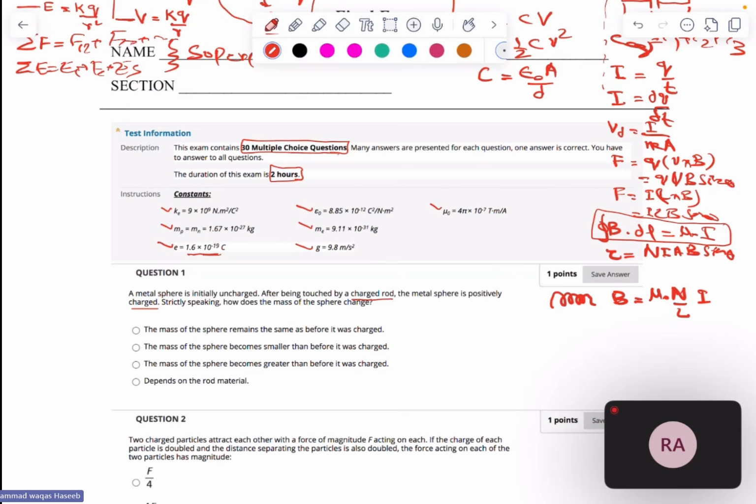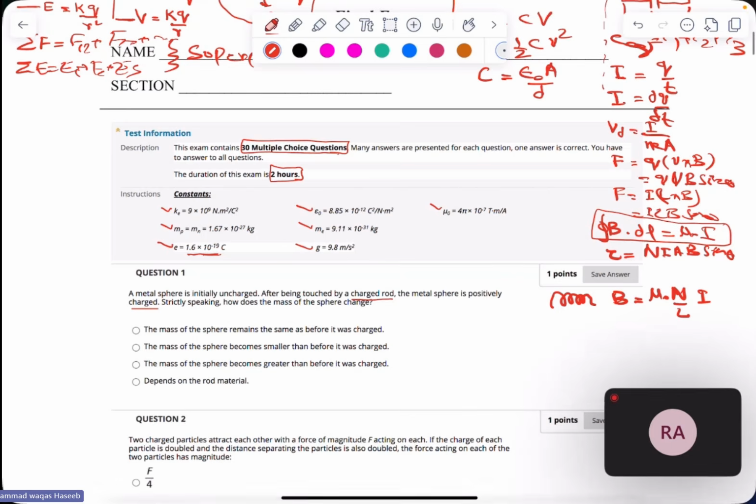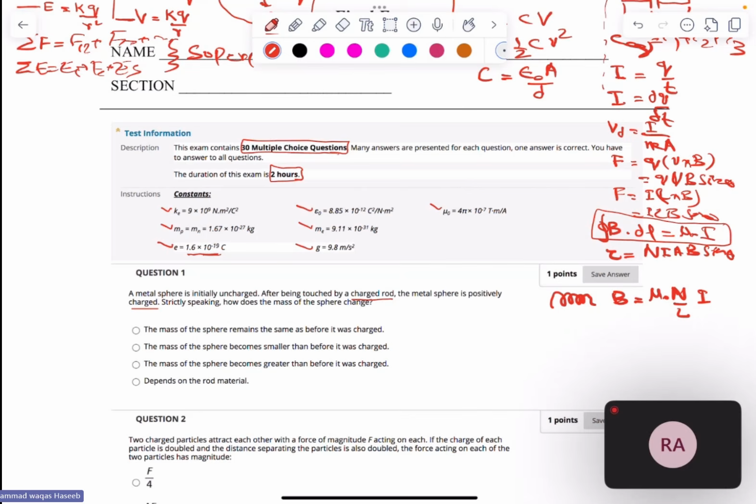Okay. So when an uncharged metal is touched with the charged rod and becomes positively charged, it means that the sphere has lost electrons. The mass of an electron is very small, 9.1 times 10 to the minus 31 kilogram, but it loses one electron mass or many more.